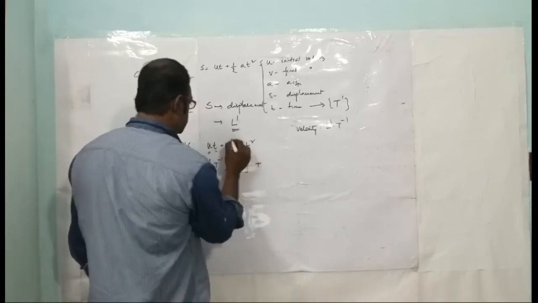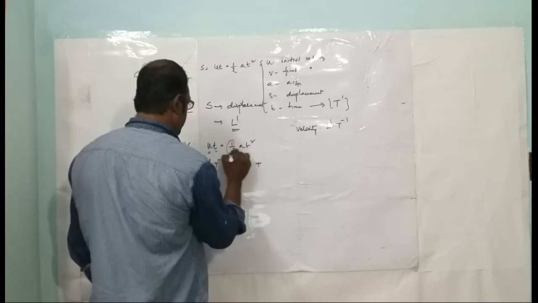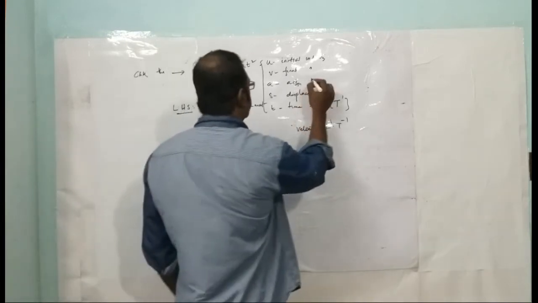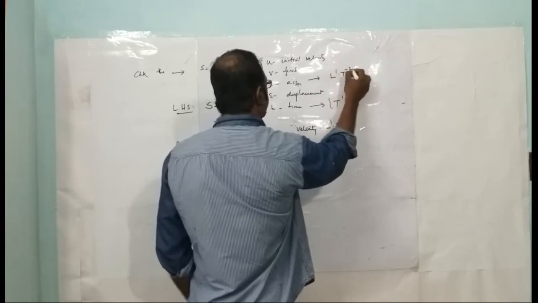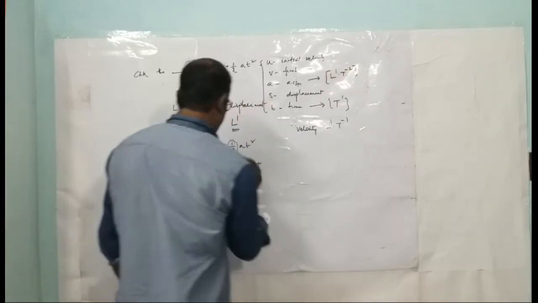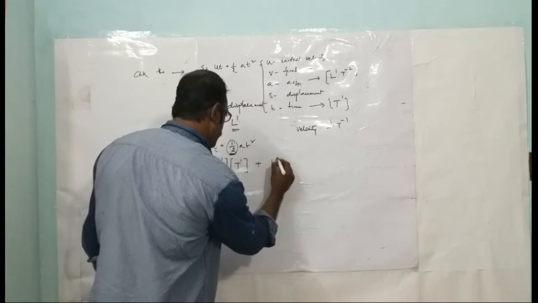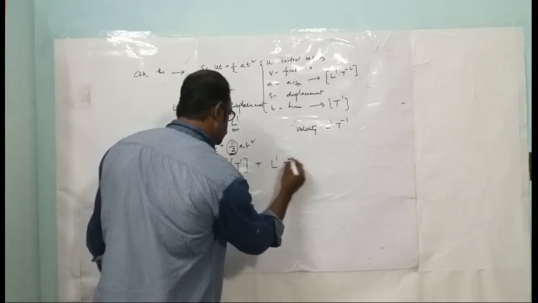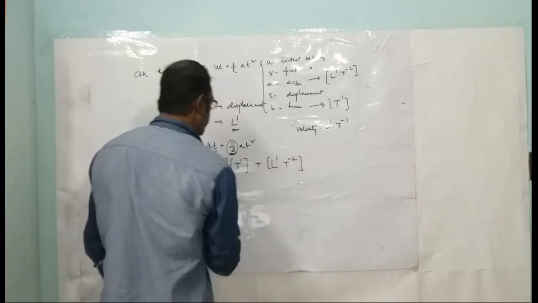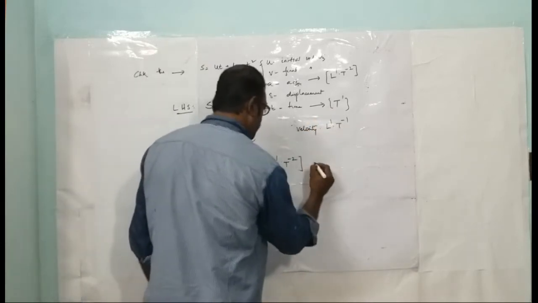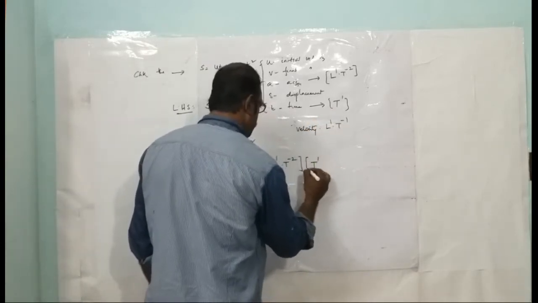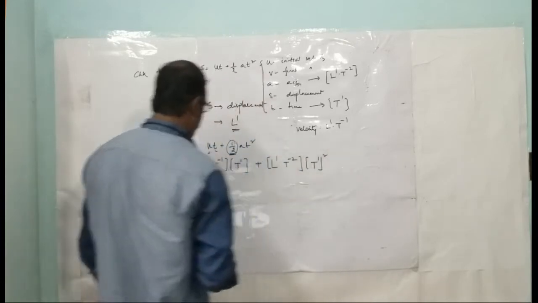Plus, this half is a constant and does not have any dimensions, and this is acceleration. What are the dimensions for acceleration? L1 t minus 2. Put a bracket to this and t, time. What are the dimensions for time? t1. It is raised to 2.